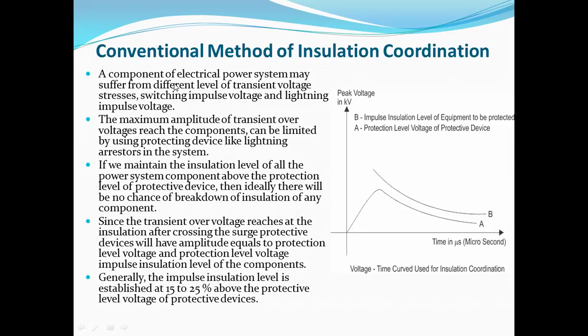So under these conditions, right, that is the switching impulse voltage or lightning impulse voltage, etc., at that time the voltage gets increased to a high value, and we have to protect the systems against such voltages because these are beyond the rated value. Right, and for that purpose we are using the arresters.